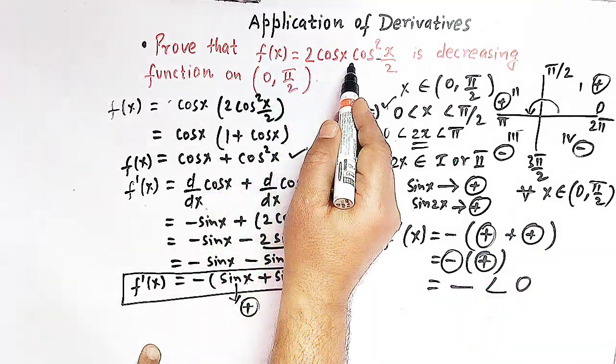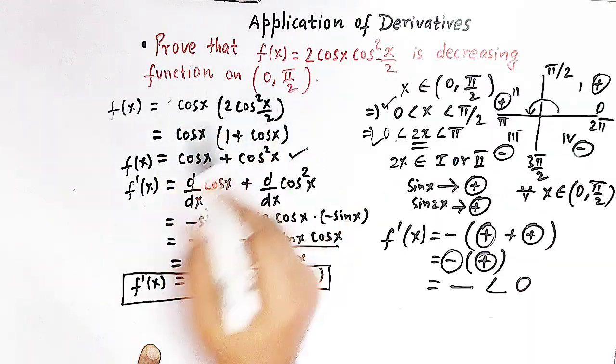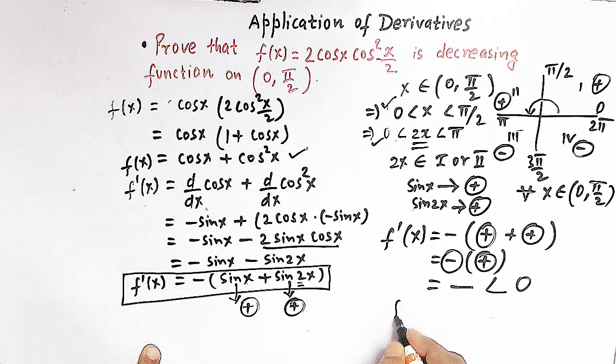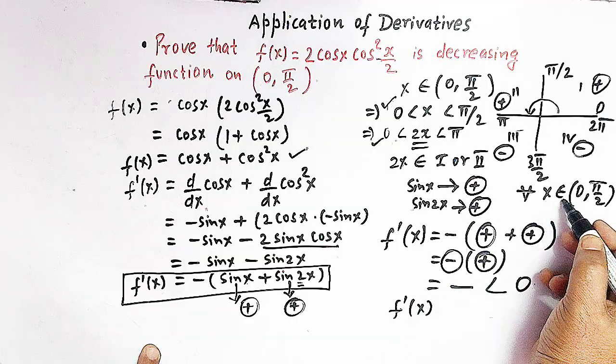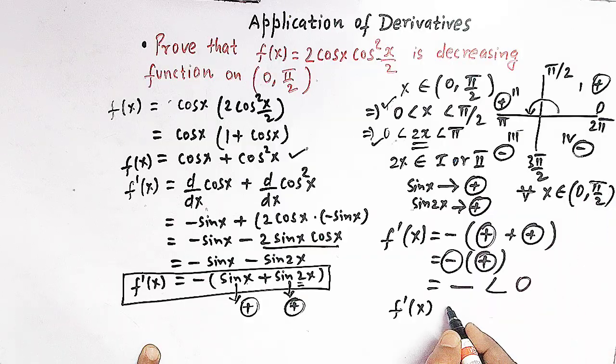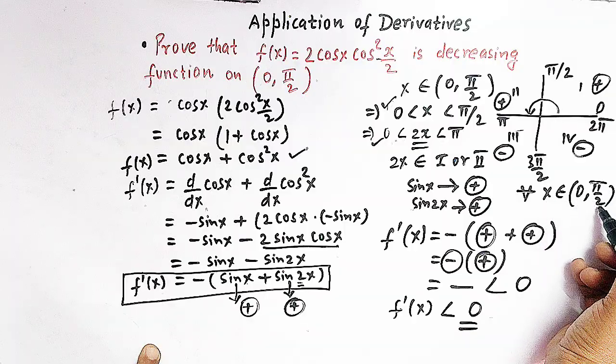So this function f of x is a decreasing function on this interval 0 to pi by 2, because f prime of x is equal to a negative number for all x belonging to 0 to pi by 2. That is f prime of x is less than 0 for all x belonging to 0 to pi by 2.